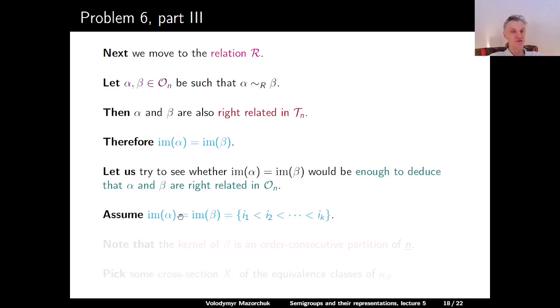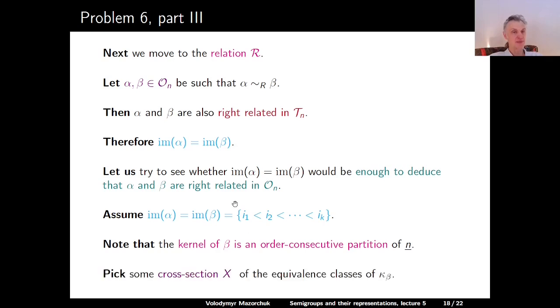Assume that the image of alpha is equal to the image of beta, and write this image as i1, i2, and so on ik, so we have k elements which are naturally ordered in the usual order. Note that the kernel of beta is an order consecutive partition of n underlined, because beta is in On.